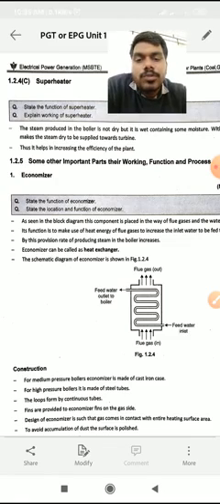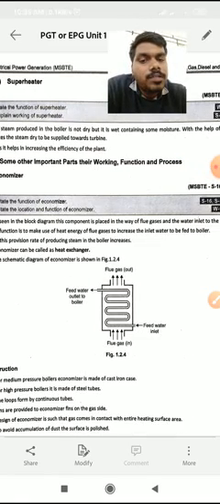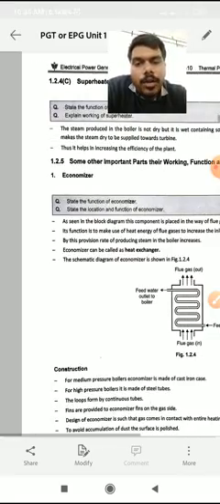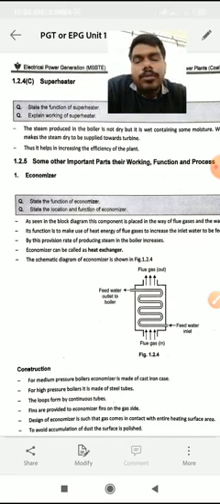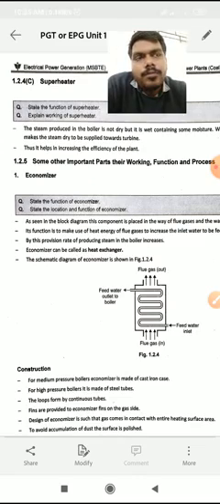By this provision, the rate of producing steam in the boiler will be increased. With the help of this flue gas heat, we are adding more heat in the boiler, and efficiency is directly increased. So the economizer can also be called a heat exchanger.